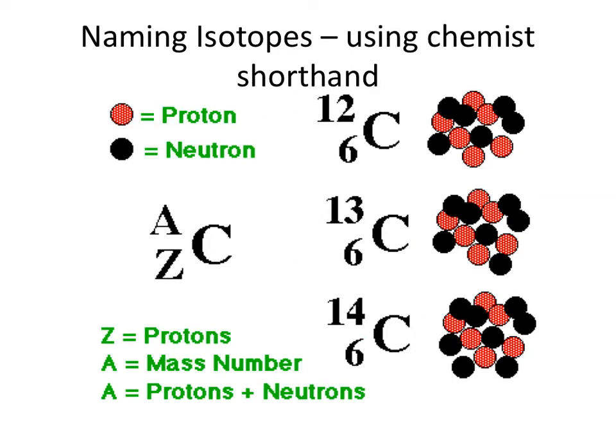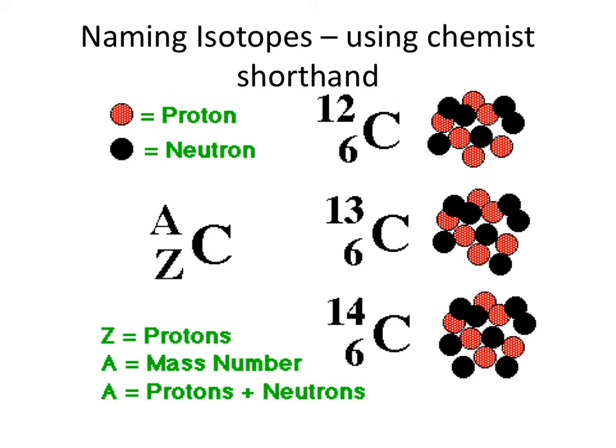All right, so when we name isotopes, we can use chemist shorthand, because since the mass can be different, we want to make sure that we are specifying exactly what the mass is. Remember, we always have whole numbers because we cannot have 0.5 of a proton or 0.5 of a neutron.